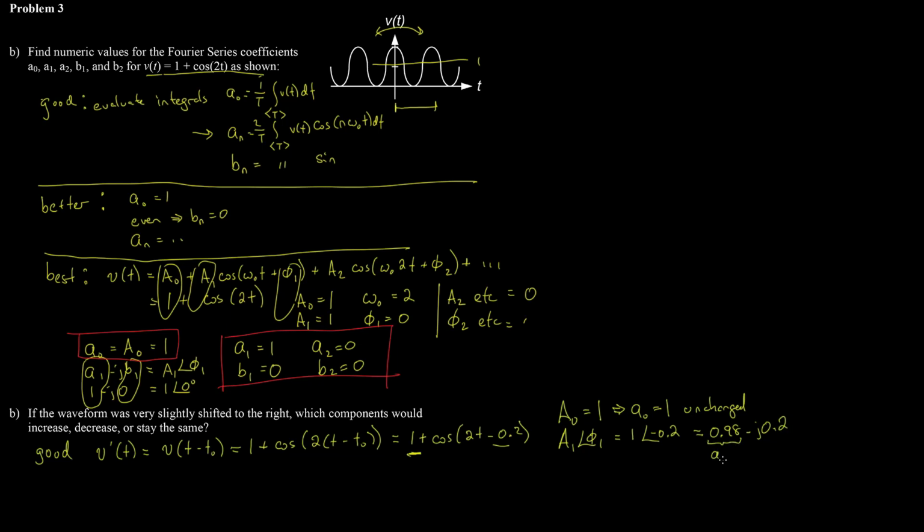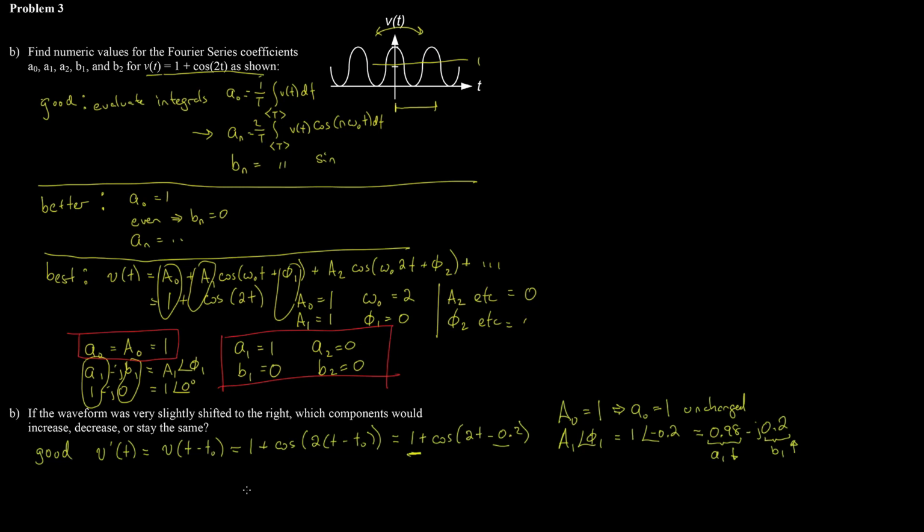So this is our a sub 1, and this, not including the minus sign, is our b sub 1. So our a sub 1 was 1 up here. It goes down to 0.98, so our a sub 1 decreases. Our b sub 1 was 0, and now it's increasing up to 0.2. And you could do the same analysis for your a sub 2 and b sub 2 components.